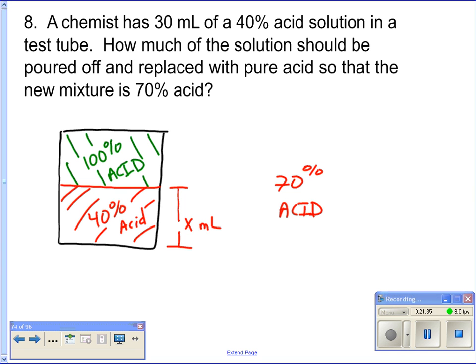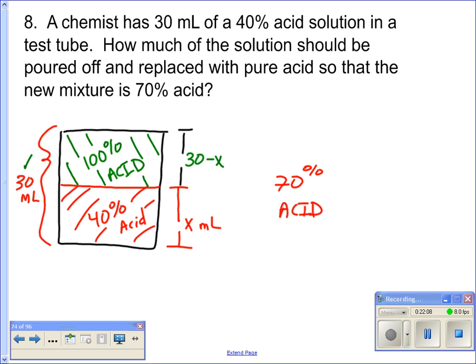Now, we know that the whole thing together is 30 milliliters. All right? So if that's X milliliters there at the 40%, then how much was this up here that we poured off to come up with the 70% solution? Well, the answer is that it's going to be the 30 minus what we have in the bottom of the container, which is red, because together they have to add up. And if you do 30 minus X plus X, then you get the 30, which checks out.